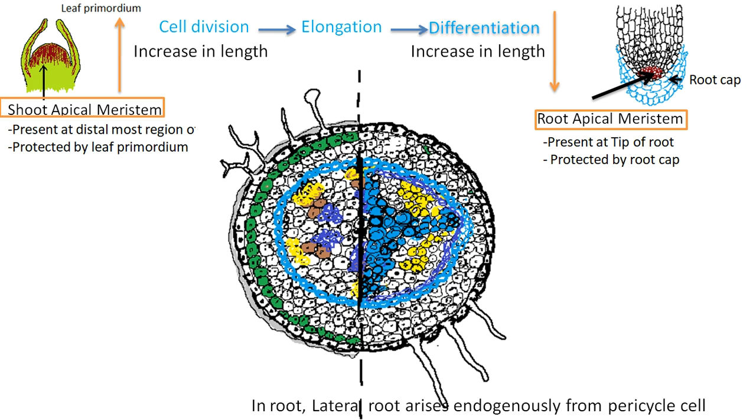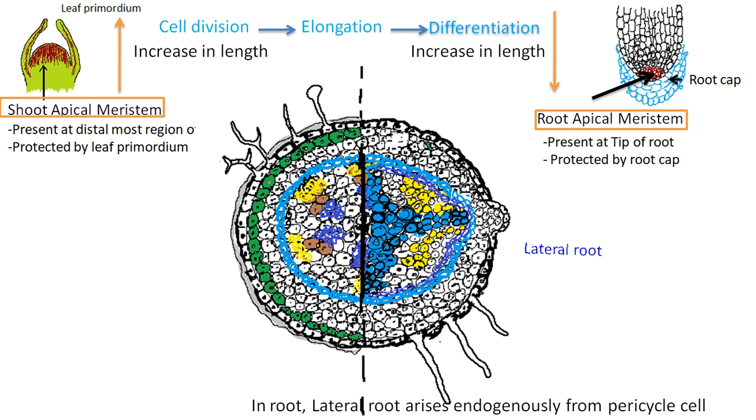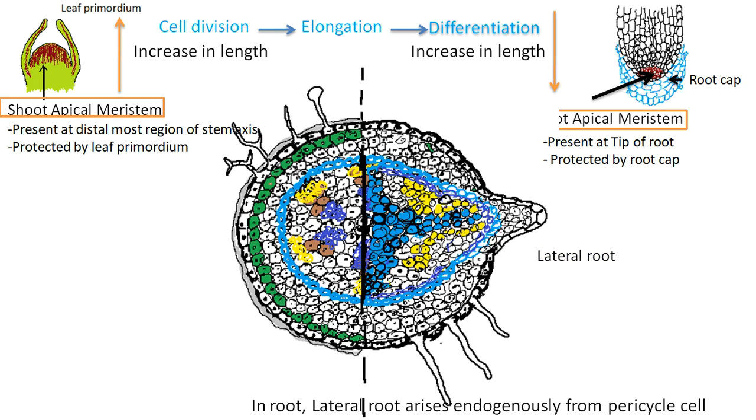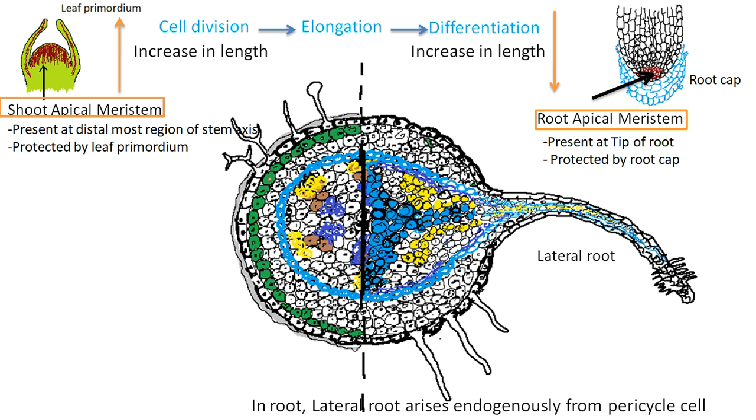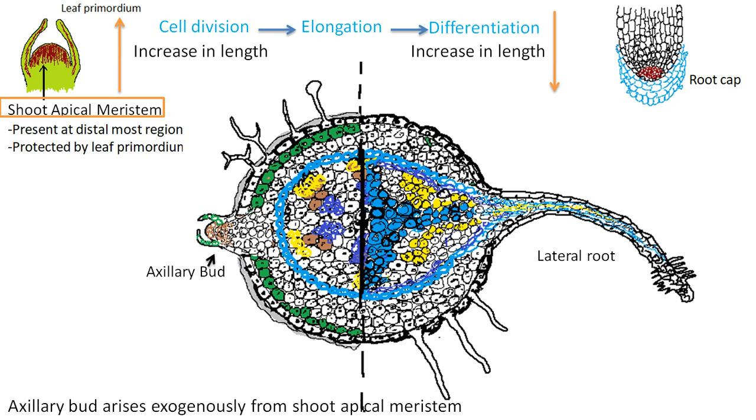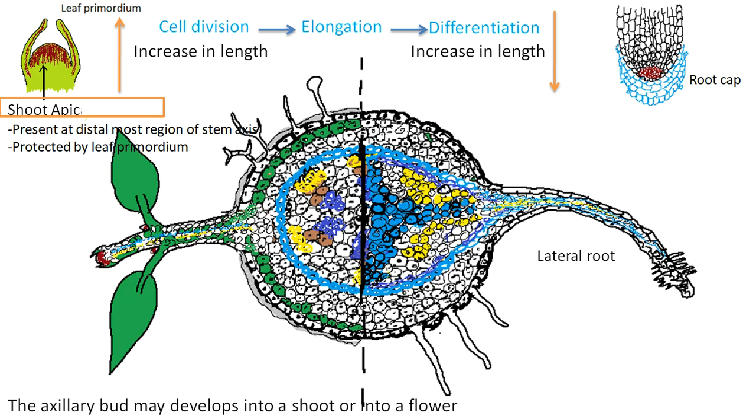Another difference between the root and stem is that in the root, lateral roots arise from the pericycle cells from the inside, which is called endogenous formation. While in the case of stem, axillary buds arise from the apical meristem, and their formation is called exogenous, and they may form a shoot, branches, or a flower.